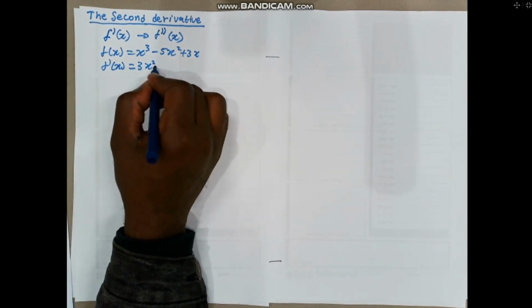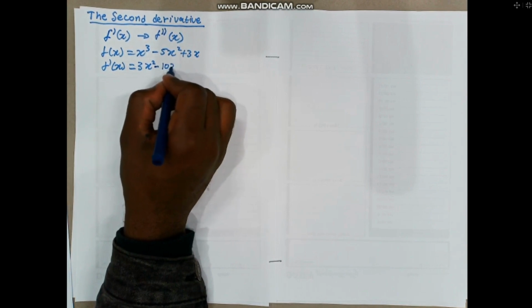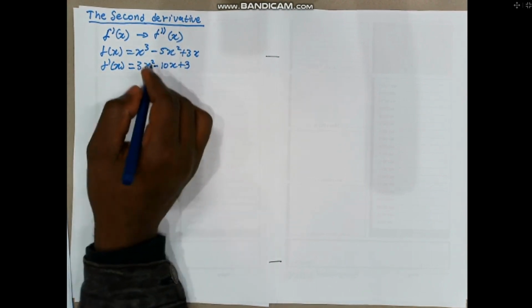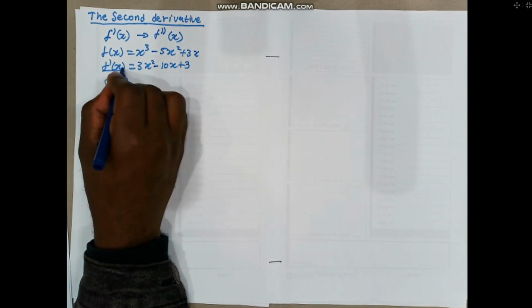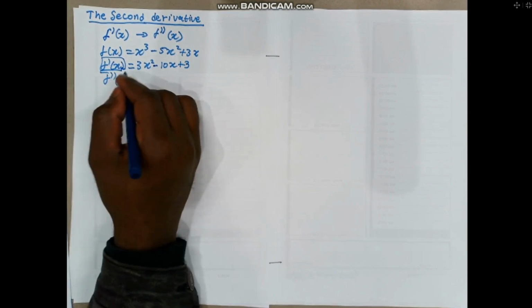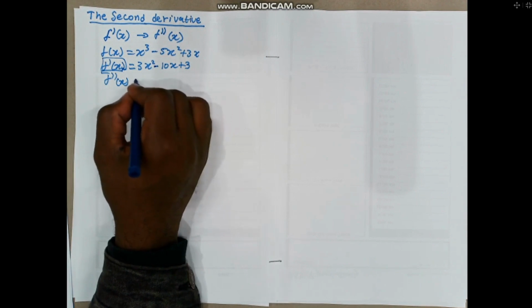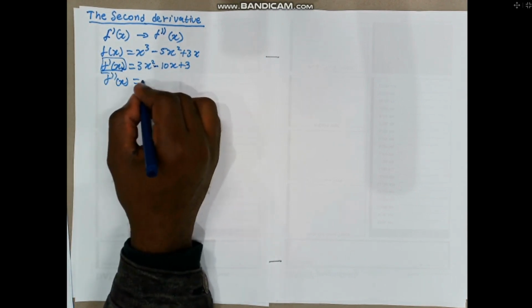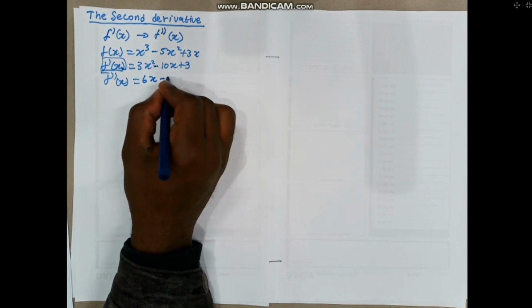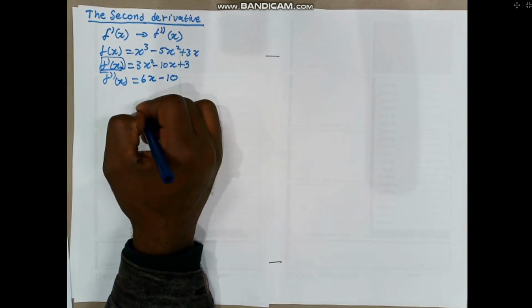So the first derivative is 3x squared minus 10x plus 3. Getting the second derivative, deriving again, it's just going to be 6x minus 10. That is the second derivative.